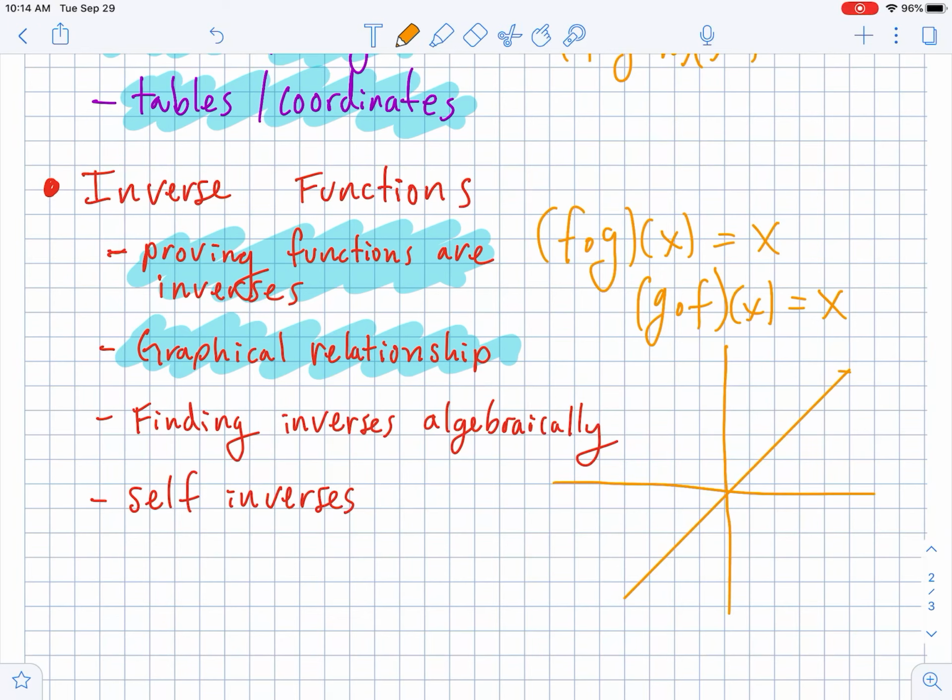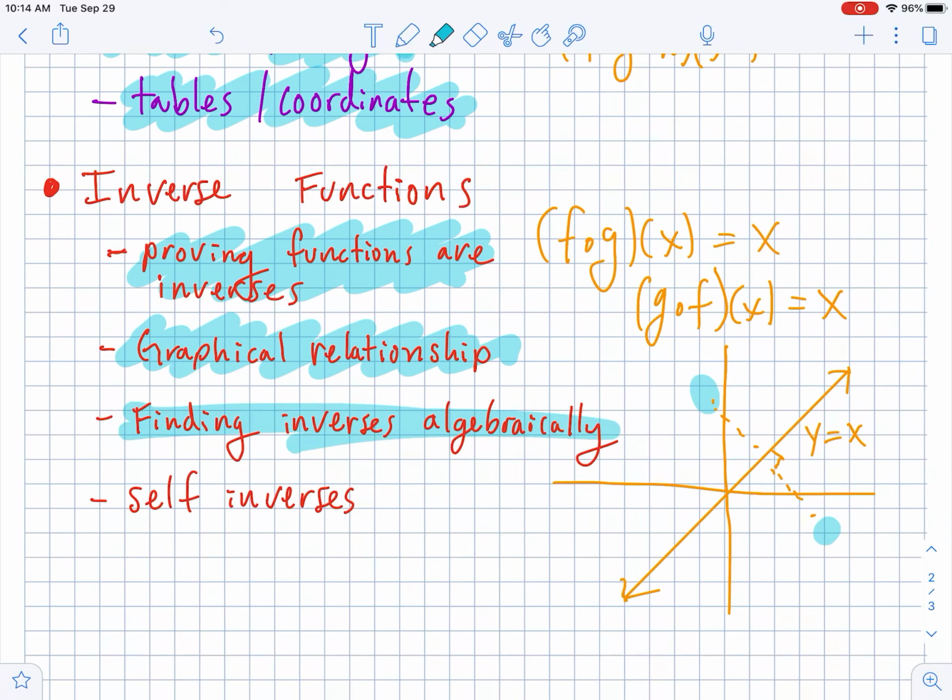So if I draw this right here, it's a reflection around this line, y equals x. For instance, if you have a point over here, it would be reflected over the line at a 90-degree angle and back over here, somewhere on this side.